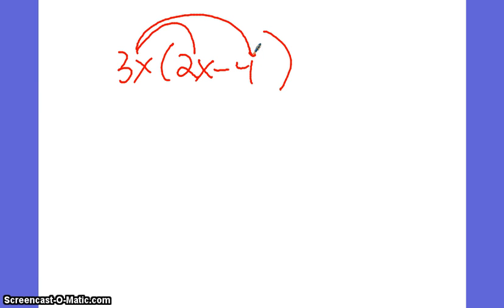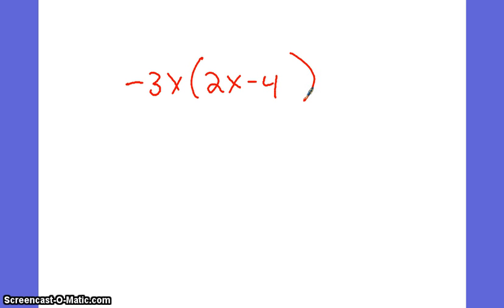And when we do that, 3 times 2 is 6, x times x is x squared, minus 3x times 4. 3 times 4 is 12, and I can't forget the x. So I have just totally expanded this problem. And if I were to factor out, I'd end up back to where I started.